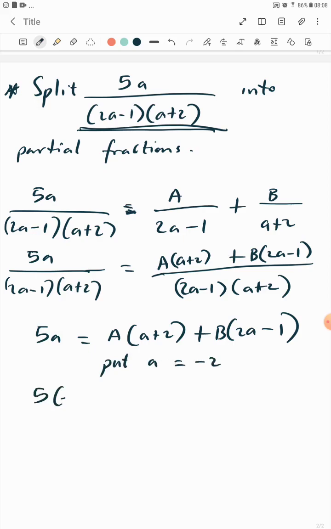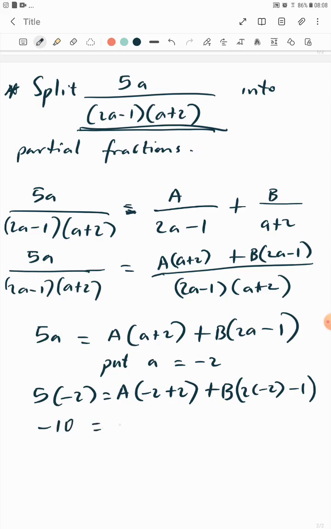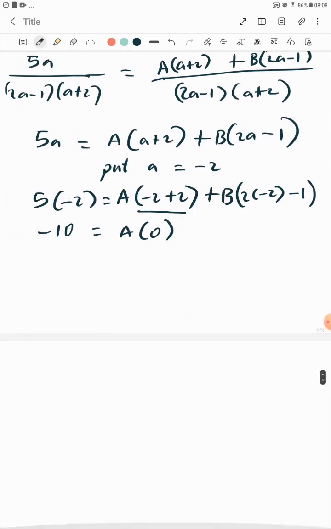That means 5a here will become 5 bracket minus 2 equals A bracket minus 2 plus 2. Anywhere you see small letter a, you put minus 2, plus B bracket 2 bracket minus 2, then minus 1. And then I have minus 10 equals, this will become 0. I just want to write it for writing's sake first, so that in the next one we can be skipping that. So plus B, I have minus 4, minus 1.